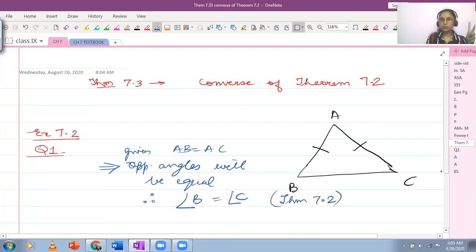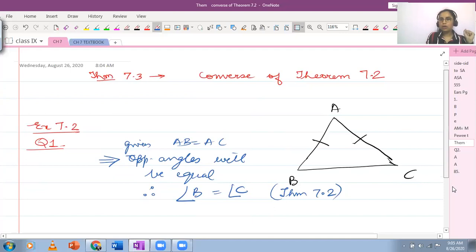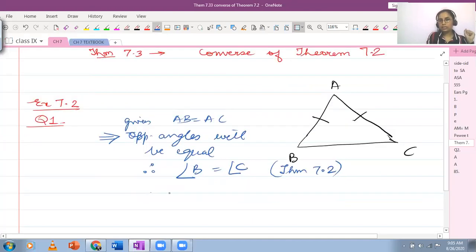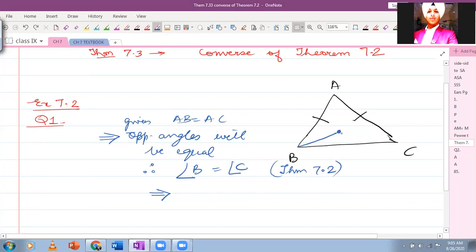अगर दो sides equal हैं triangle की तो उनके opposite angles equal होंगे, right? Now from here, since दोनों angles की bisection हो रही है, angle B की भी bisection हुई थी और angle C की भी bisection हुई है. And can we write half of angle B is equal to half of angle C?